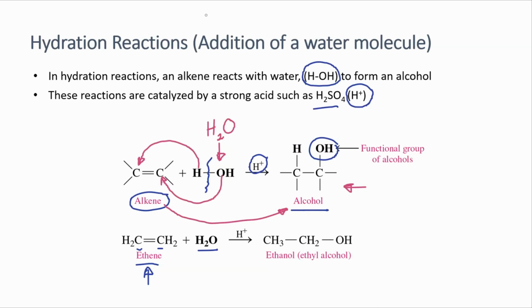There's one product possible, which is ethanol, where the hydroxide group attaches to one carbon, and the other carbon atom will contain a CH3 group. So the product is CH3CH2OH. The IUPAC name of this compound is ethanol. The common name is ethyl alcohol. So this is how you can deduce the product formed from the hydration reaction.